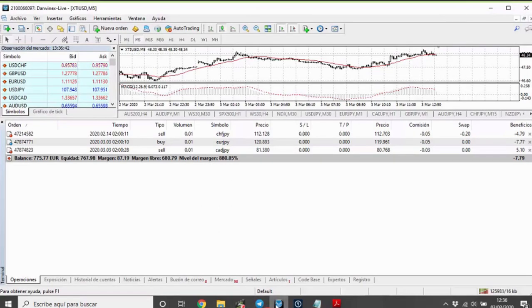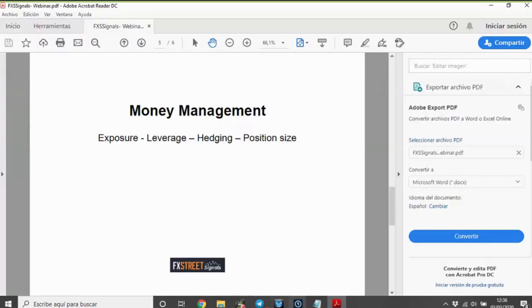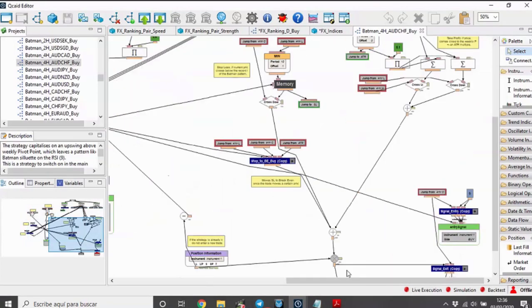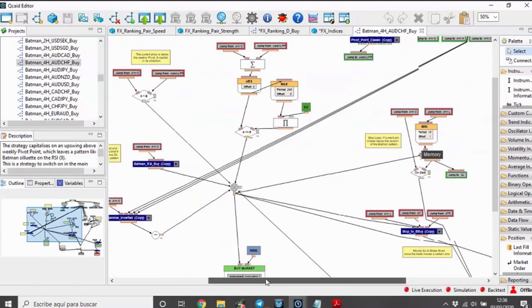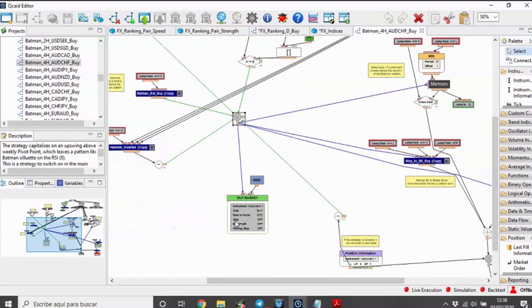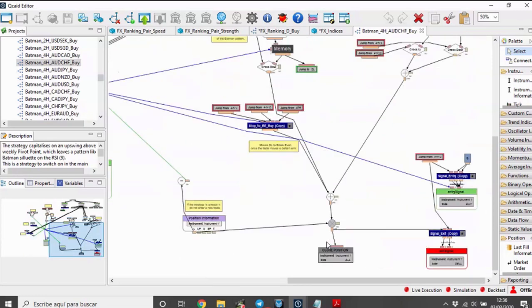Let me just explain here. Maybe we can see it here on the platform. Let's see this strategy. For example, these are the conditions that must be met for the system to execute a buy order, but then we have strategies or conditions like this one: stop to break even on a buy.